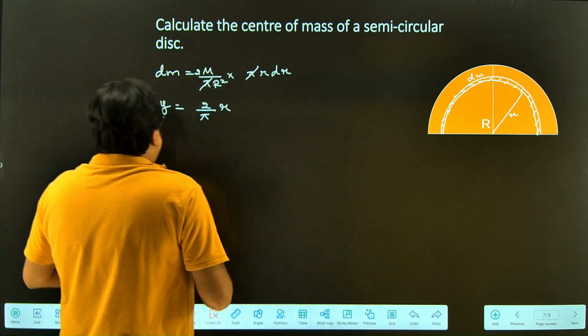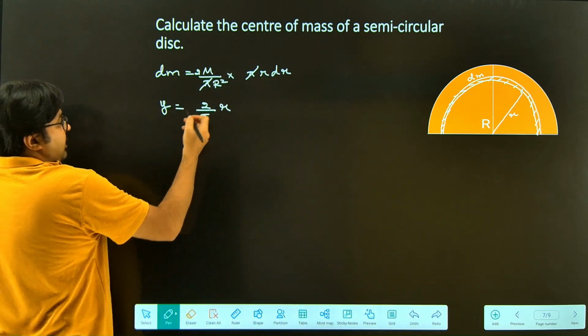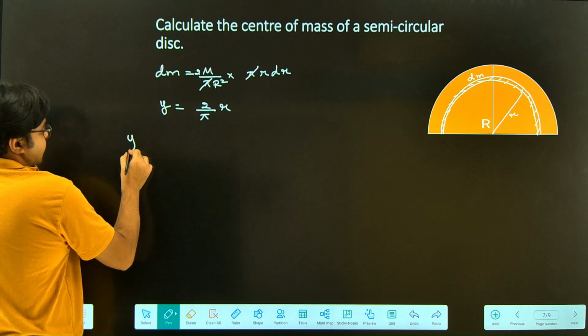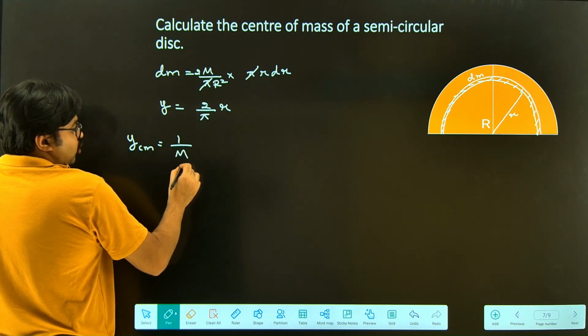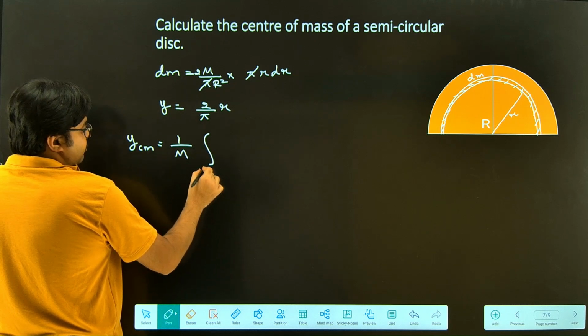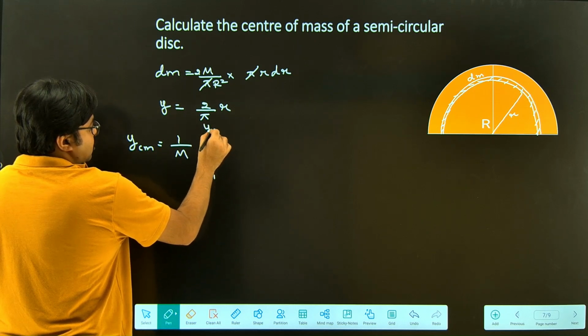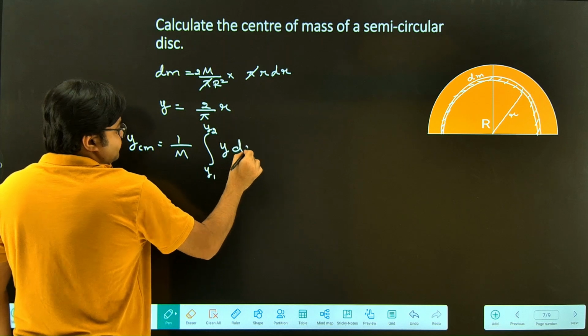Now the formula says that ycm is equal to 1 divided by m, which is the total mass, into the integral from y1 to y2 of y dm.